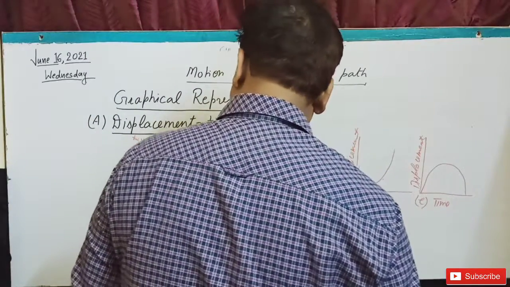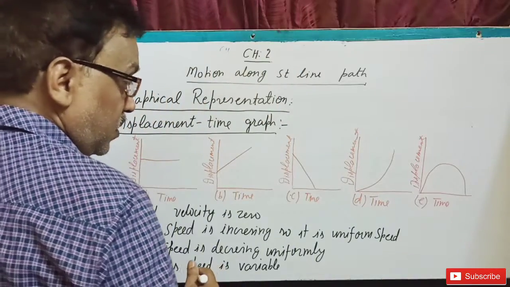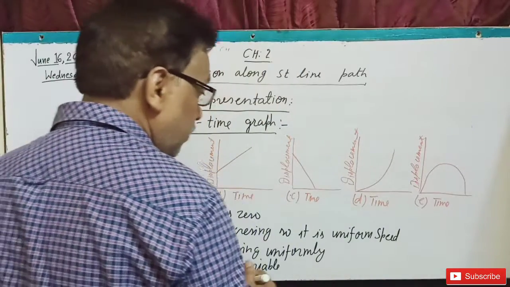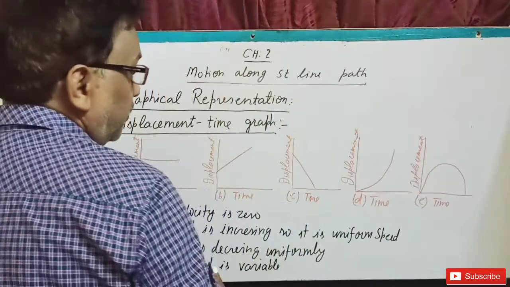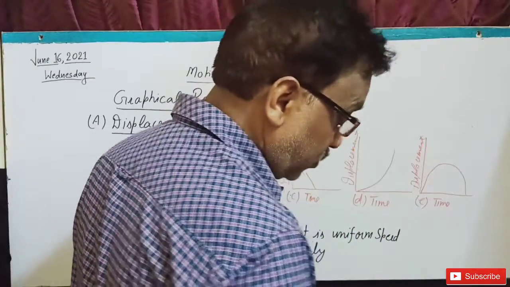So it is variable. And also in this case E, it is decreasing and increasing both.